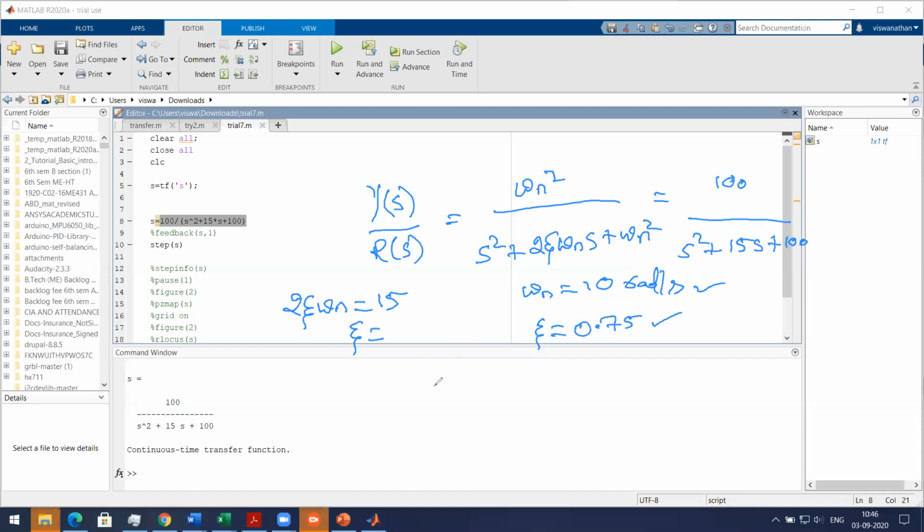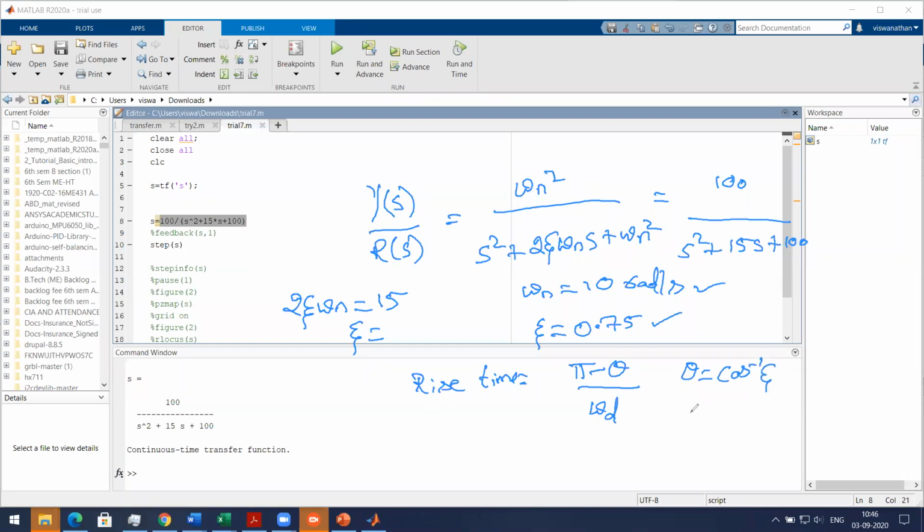Can you calculate the rise time? Rise time is given by the formula pi minus theta divided by omega d, where theta is equal to cos inverse of zeta.